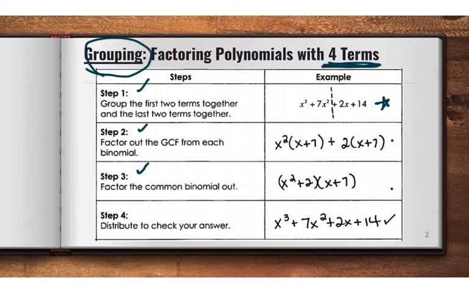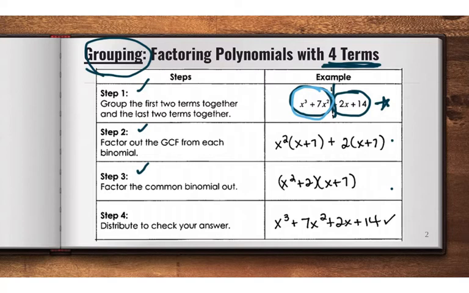And what this line does is it groups the first 2 terms and the last 2 terms. So I'm going to look at both of those terms, and let me actually use a different color. I'm going to look at this first group, and I'm going to ask myself, what is the GCF, or the greatest common factor, between x to the third and 7x squared?